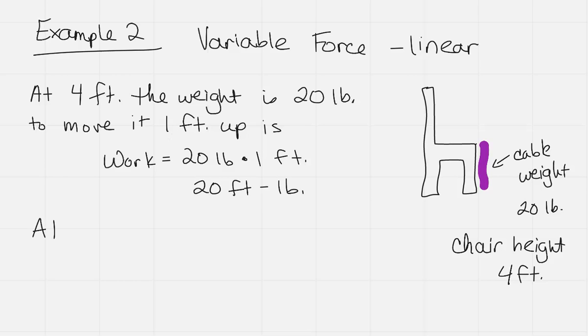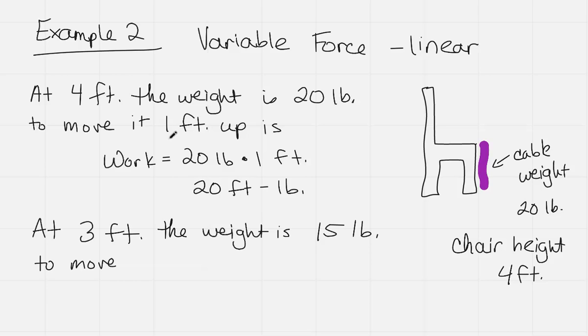But then once we lifted it 1 foot, we're now at 3 feet. And if we think of this proportionally, then the weight is now 15 pounds. And to move that 15 pounds 1 foot, that's going to be our work equals 15 pounds times 1 foot.